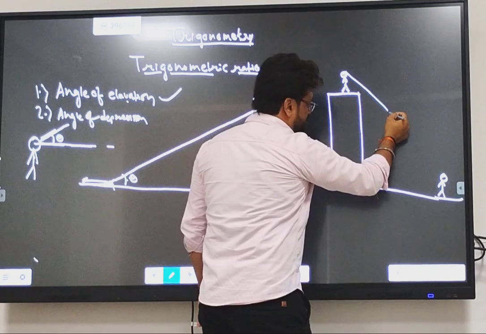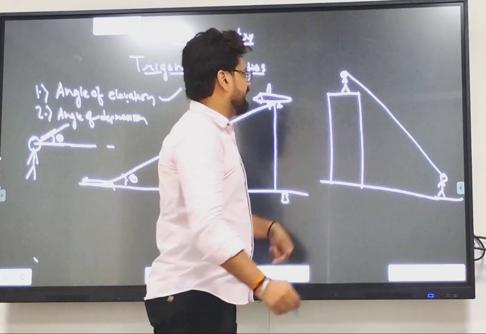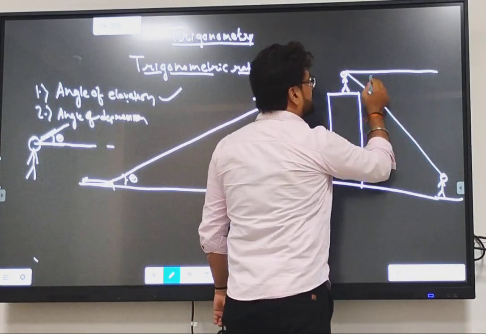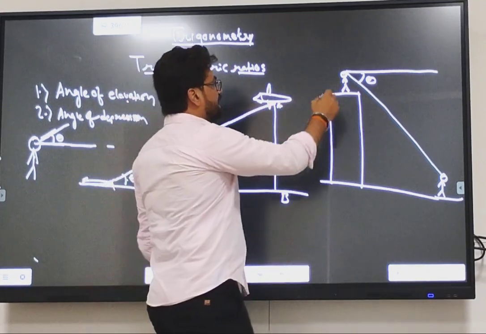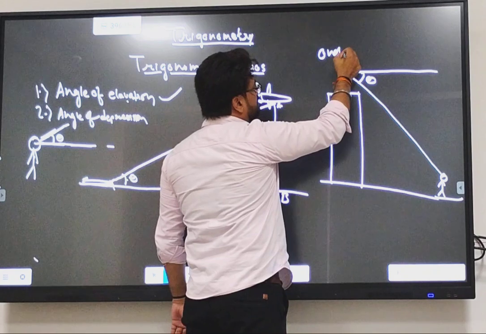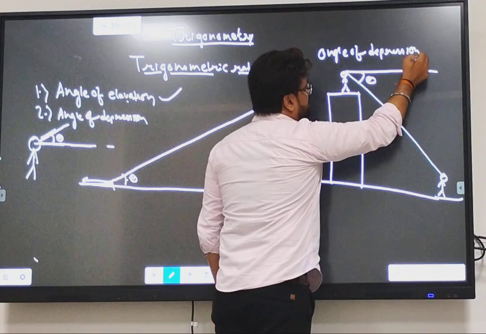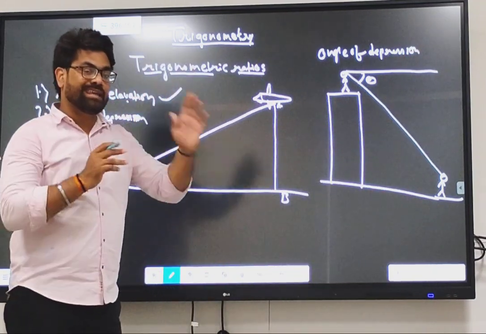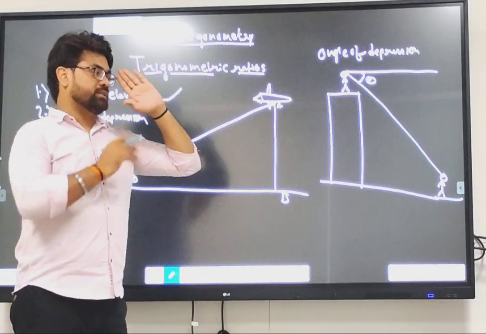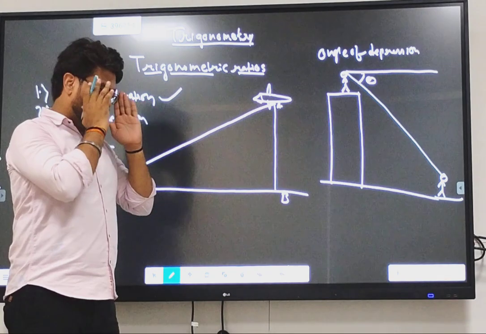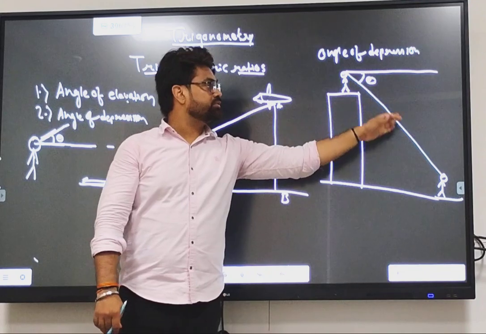So the line of sight which joins the head of this boy, this line of sight and the horizontal, and the angle made between these, this is known as angle of depression. So depression is when we are observing anything just below our eyesight. Okay, if we are seeing something just down the level of the head, that means we are seeing at an angle of depression.